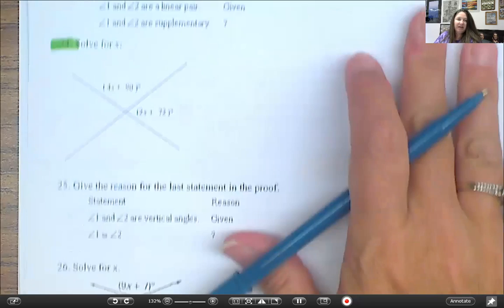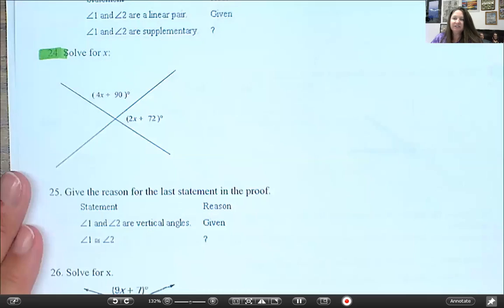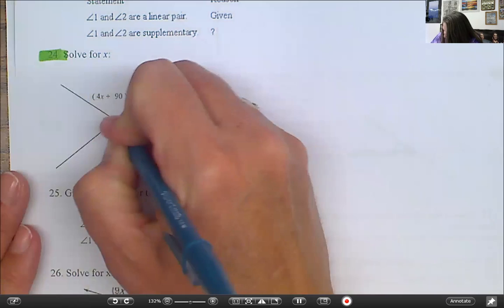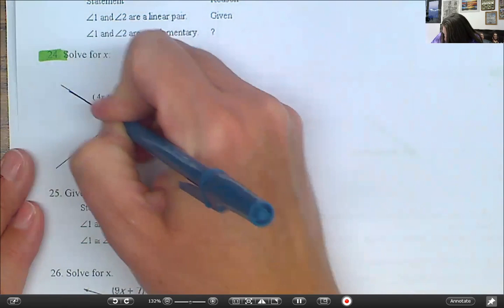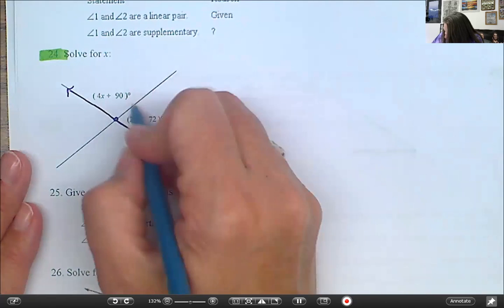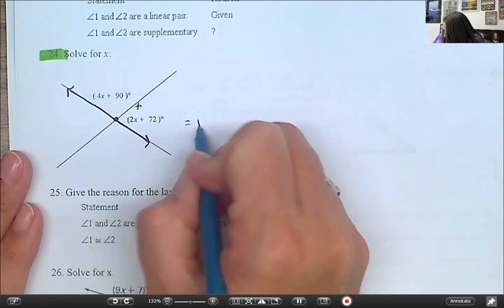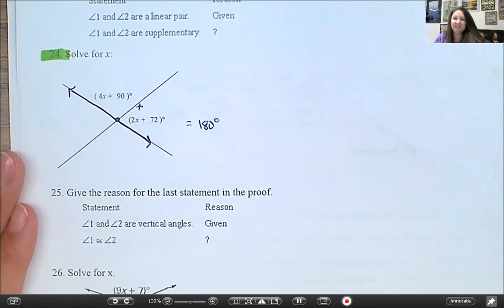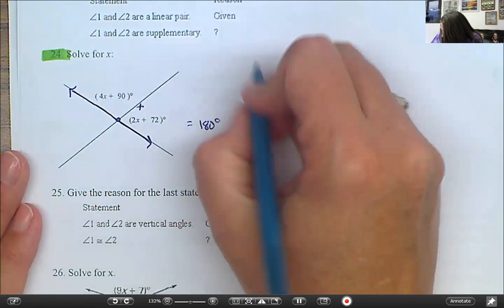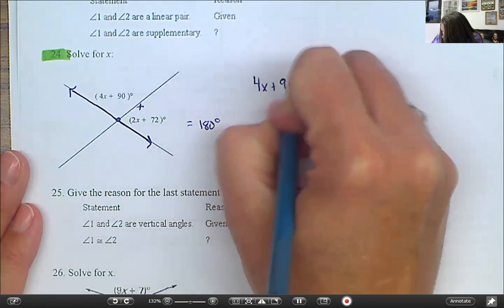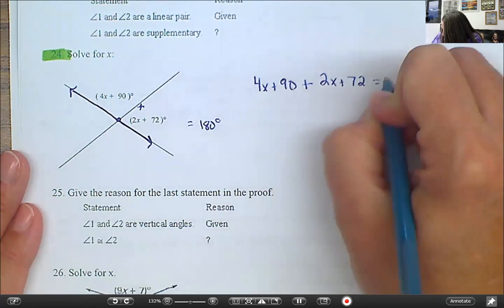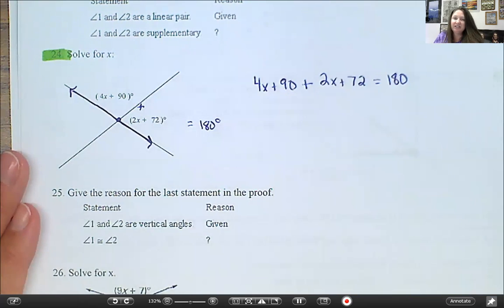If we move to the back, we've got the beginning of our angle diagrams. In this angle diagram, what we should notice is that these two angles form a straight line. So I should be able to add those and make them equal to 180 degrees because they would be considered a linear pair. So my equation in this case would be 4x plus 90 plus 2x plus 72 equal to 180.